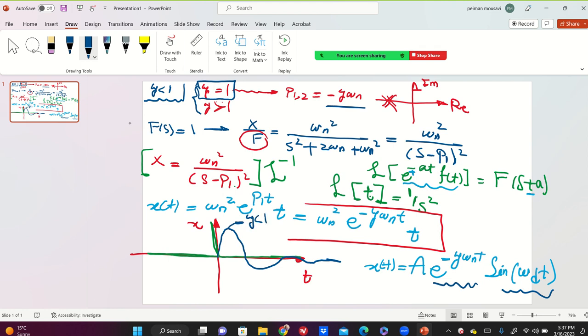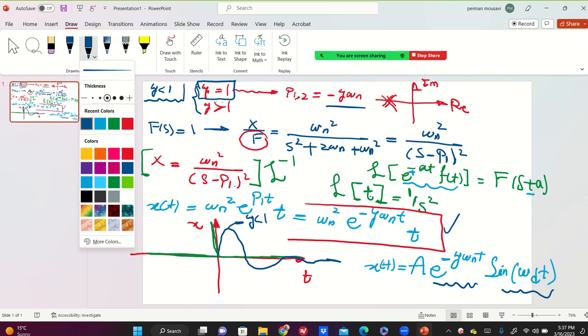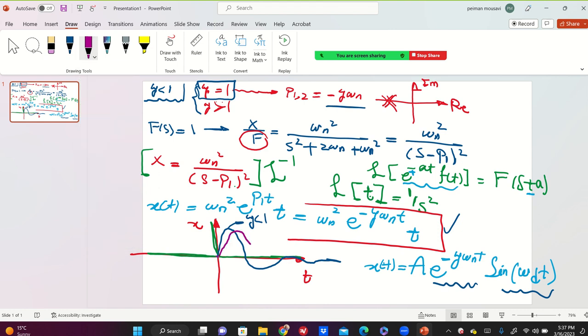But here, do you see any harmonic? No. So when your second order system is critically damped, you have this: there is no oscillation, and zeta is 1. Understand that?